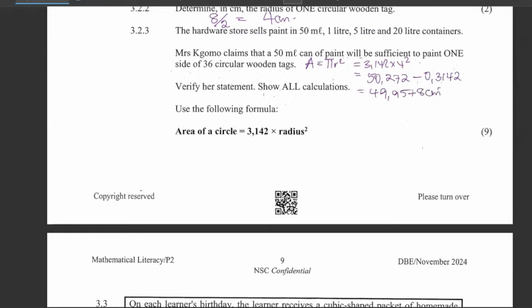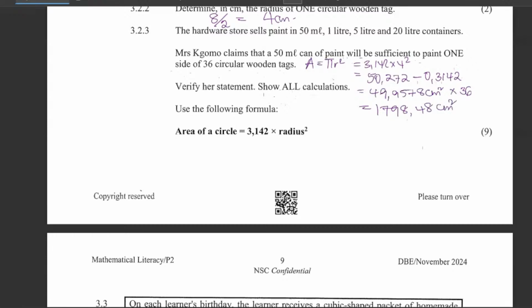These are centimeters squared. Then multiply by 36. Multiply by 36, remain with 1798.48. These are centimeters squared.